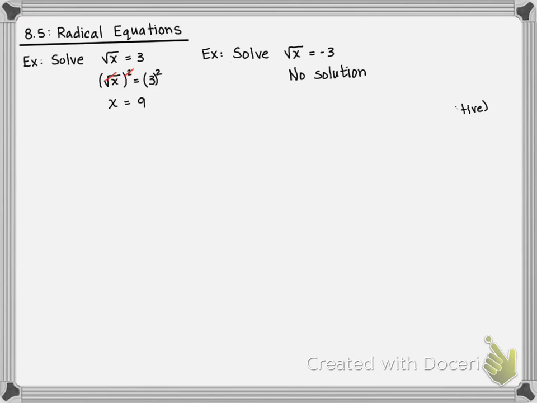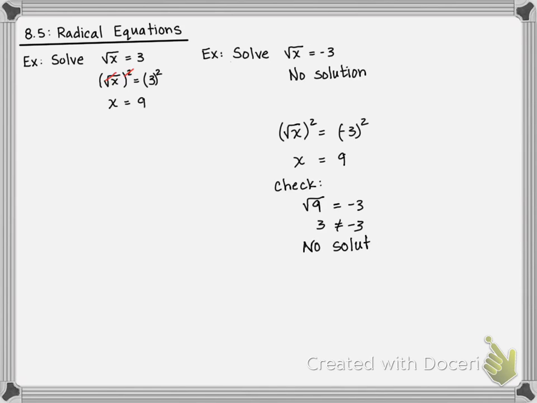This is actually a case where showing less work shows more understanding, because the alternative is that you can solve it, square both sides, get x equals 9, and then say I'm going to check, and then say no solution. So this and this are both perfectly acceptable ways to present the solution.